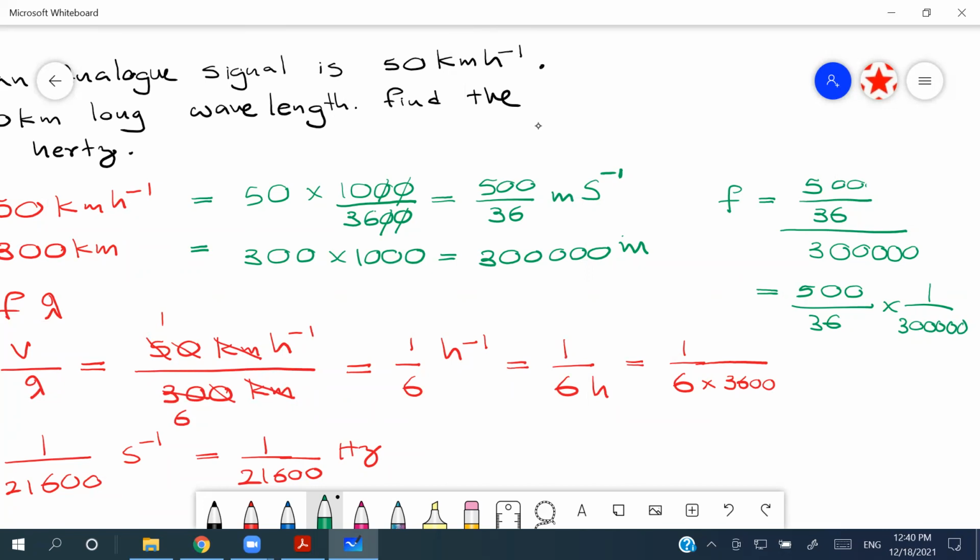So I'm going to take out these things, and it's going to give me the same answer. 5 is 1. Here I'm going to have 600. So here 600 into 36. It's going to give me the same answer, 1 over 21,600.